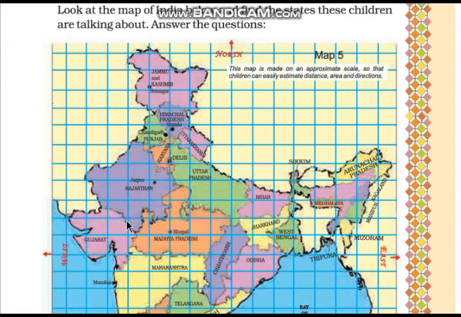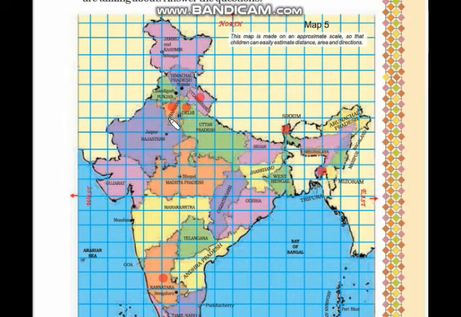So let us find all the states in this map. Children were talking about Haryana, Delhi, Uttarakhand, Sikkim, Tripura and Karnataka. I have indicated all the states in this map. You can also indicate them in your book.